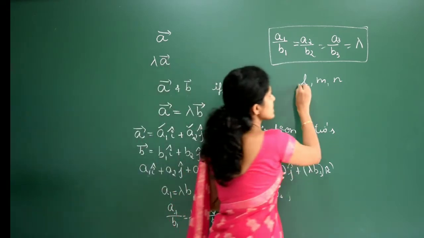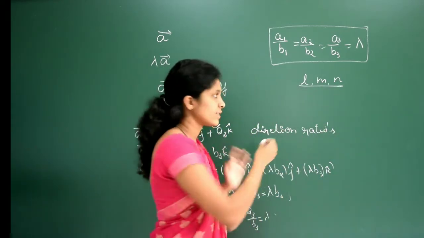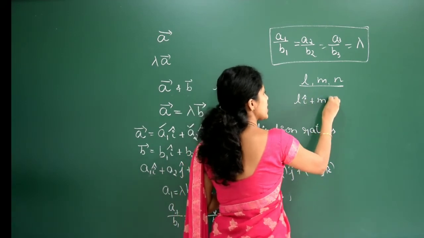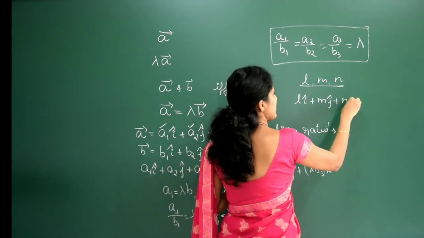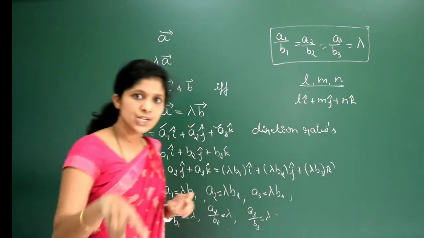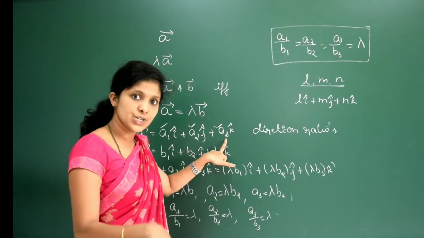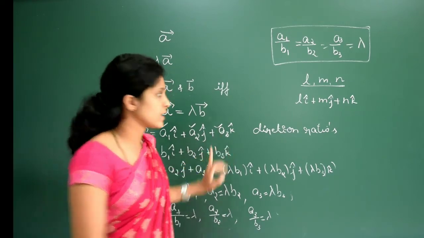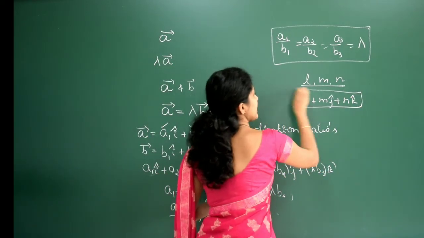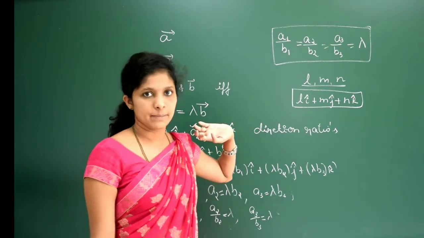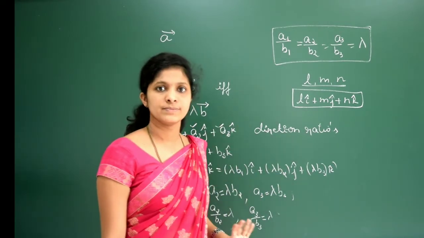Then if l, m, n are given, that can be written as l i cap plus m j cap plus n k cap. Is it clear? If direction ratios are given, a1 i cap, a2 j cap, a3 k cap. If direction cosines are given, then that can be written as l i cap plus m j cap plus n k cap. I hope you understood this one.